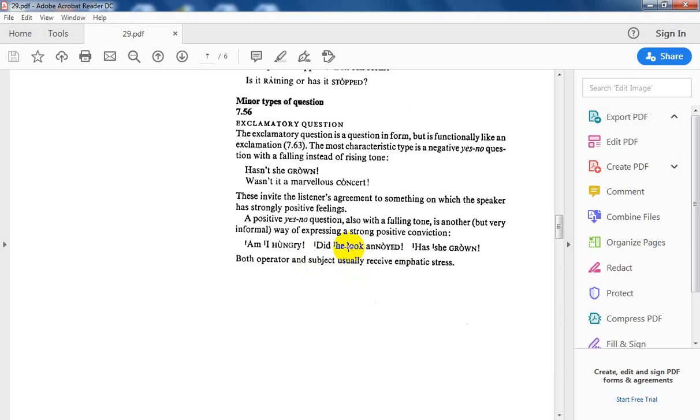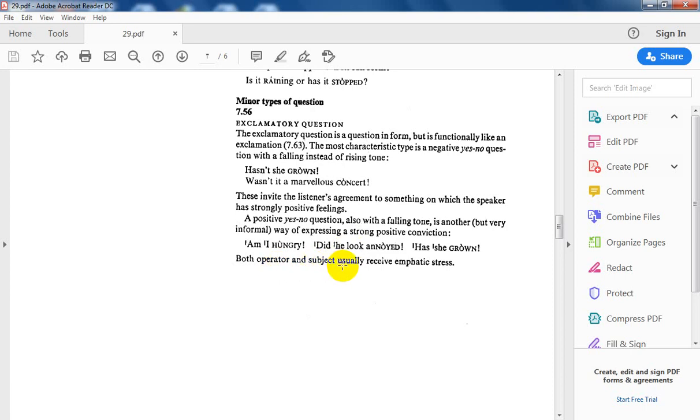Now I do not want to attract your attention as a listener. No, I want to express a strong positive conviction. Am I hungry? Did he look nice? Has she grown? Again, all of them are with a falling tone.